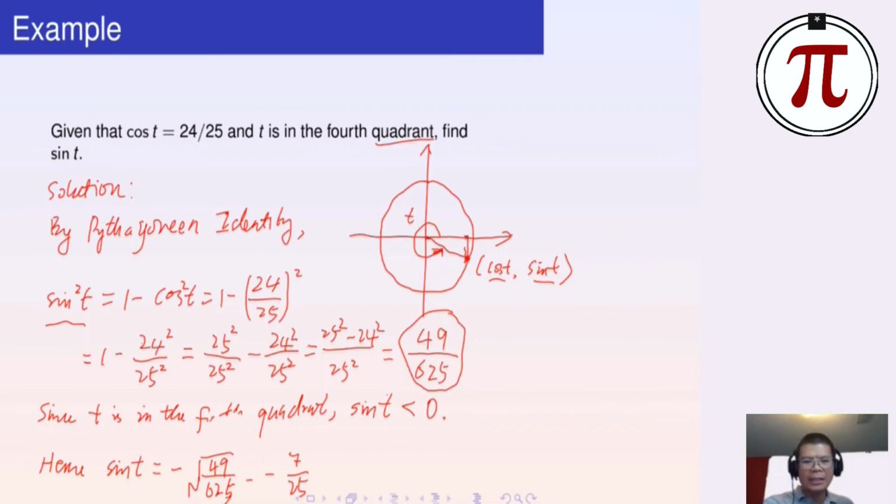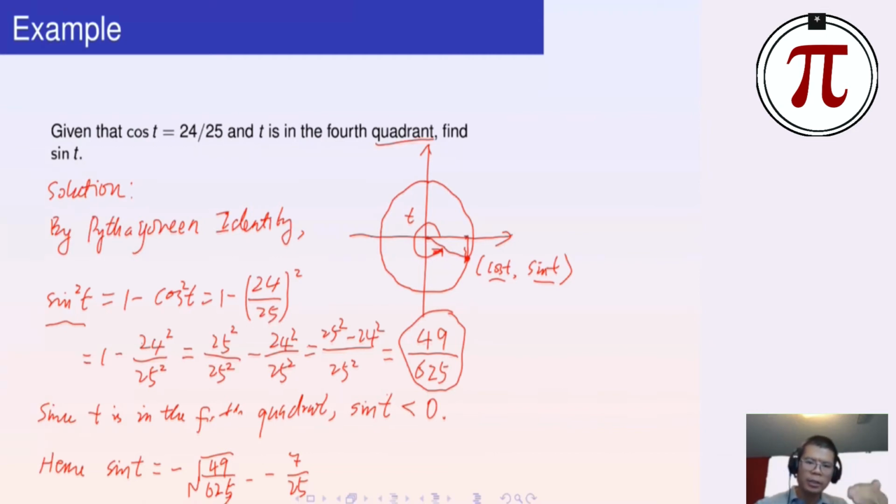Okay, all right. Now let's just review this one. Basically what we do for this type of question is use the Pythagorean identity: given cosine, we can find the square of sine. Then you need to determine the sign of sine t.